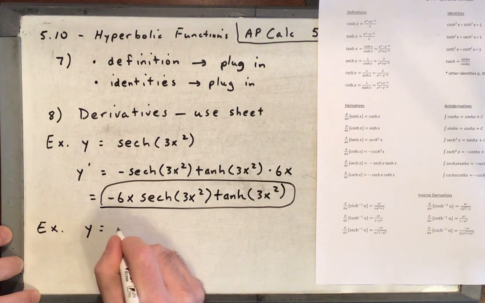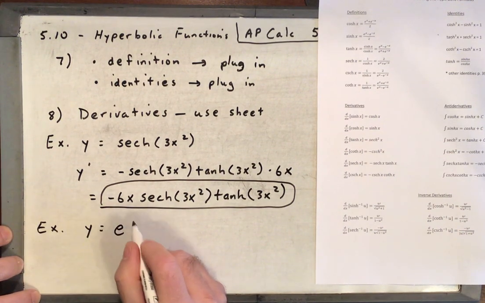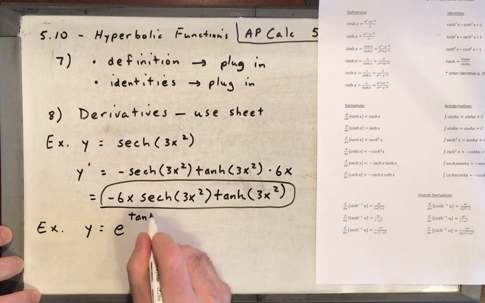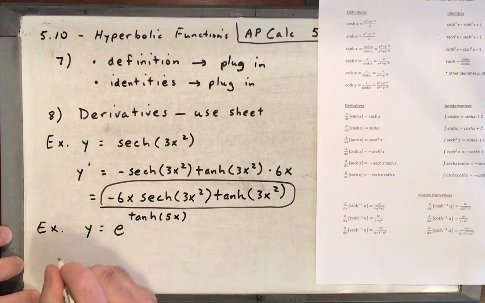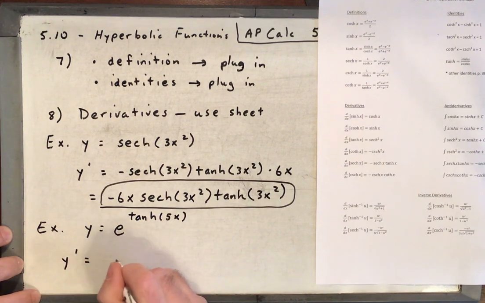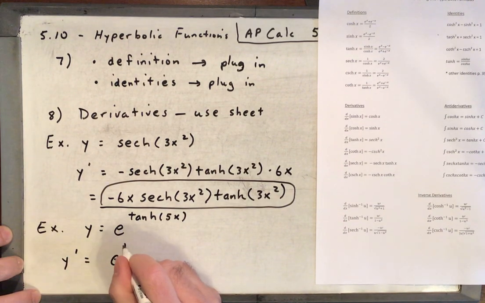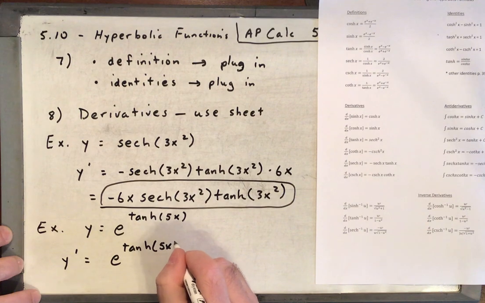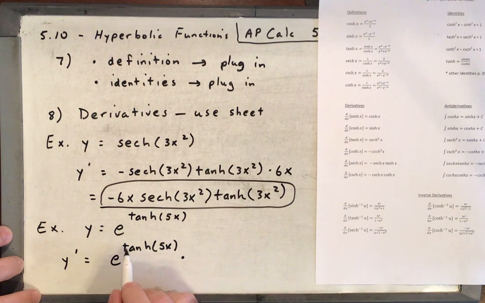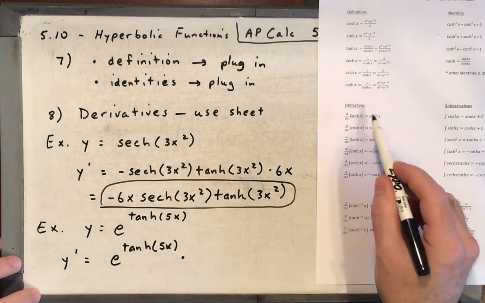See if I can fit another example on here. y is equal to e to the hyperbolic tangent 5x. So y prime is going to be e to the blob, e to the hyperbolic tangent 5x times the derivative of the blob. Okay, so that's going to be, what's the derivative of hyperbolic tangent? Okay, well, I don't know. Let me look.